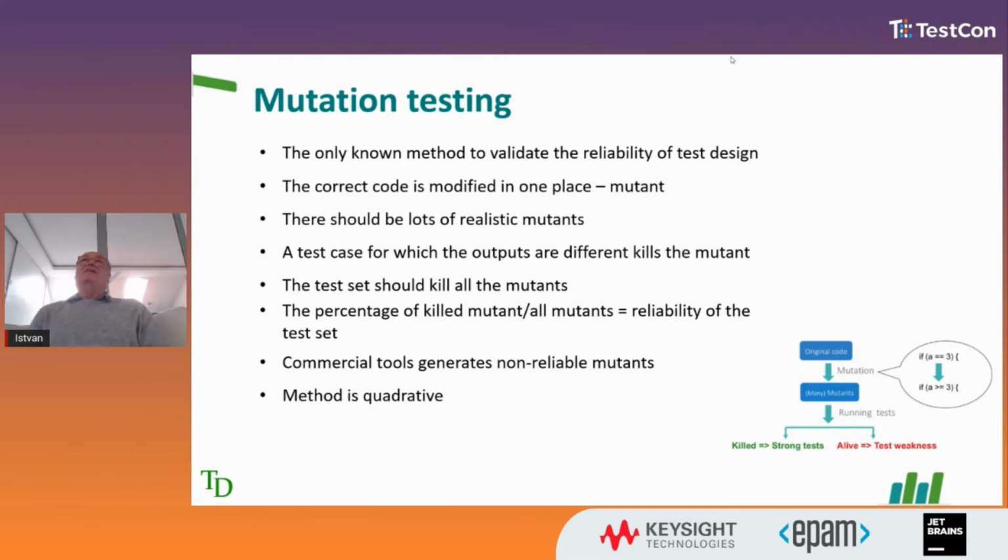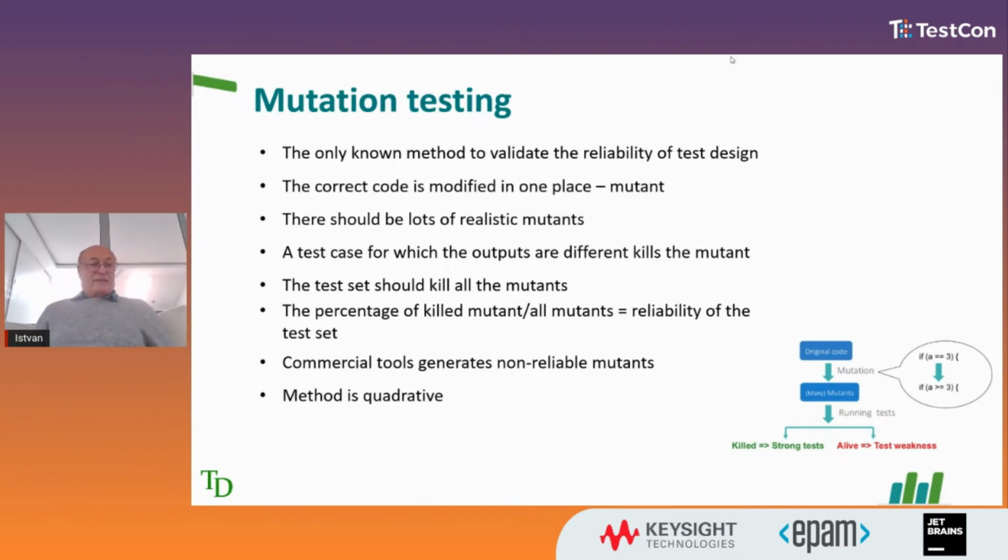However, these are textual methods without knowing the application deeply. So these mutants are not quite reliable. And another problem is that the method is quadratic, so it can be used only for small programs, small codes.